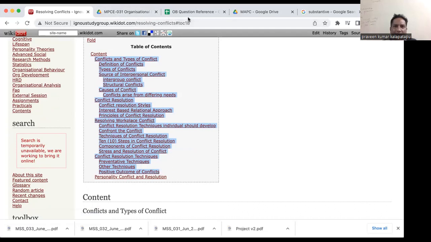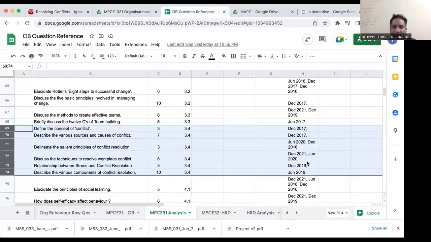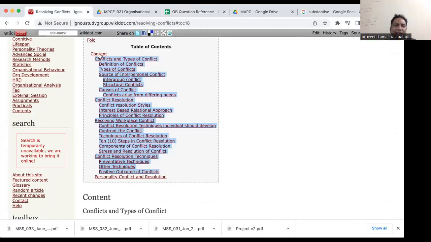As far as the questions are concerned, it is moderately distributed. None of these questions are very frequent. One or the other question might come in conflict, but they are not as frequent as in other chapters. But what I see is that conflict resolution is repetitive in itself in this unit.